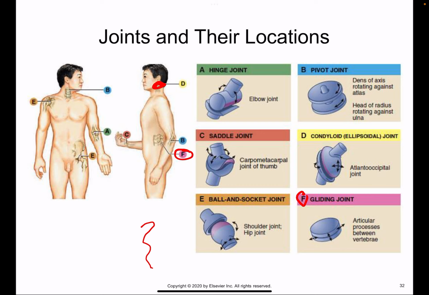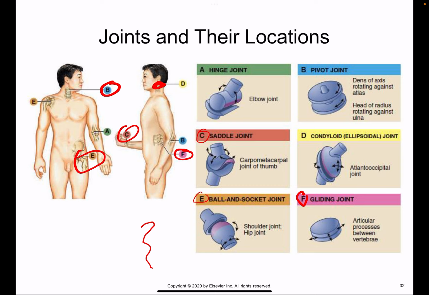Right here in B, we have the pivot. This is going to help pivot and tell me, no, I don't want to do something today, right? So if I shake my head, it's a good example. At E, we have, of course, the ball and socket joint in the hip. Of course, you can move that in whichever direction you want. In C, we have a saddle joint for the wrist, or the joint of the thumb.